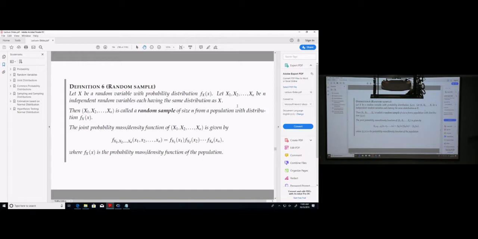So the population has a specific distribution. So each of the values from your sample will obey the distribution from the population. So we call this a random sample of size n from a population with distribution. All right? And the joint probability mass or density function will be given by this.